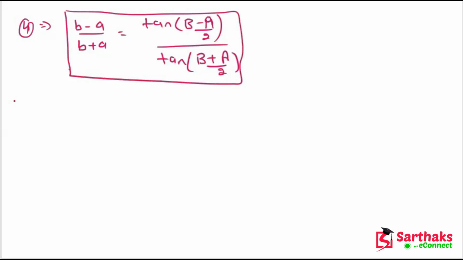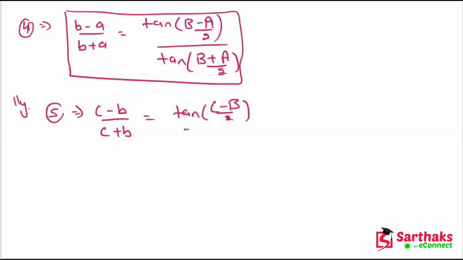Similarly, we can modify the second and third formula. So the fifth formula is (C minus B) divided by (C plus B), equal to tan((C minus B) divided by 2) upon tan((C plus B) divided by 2).